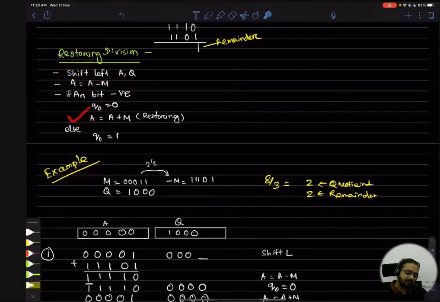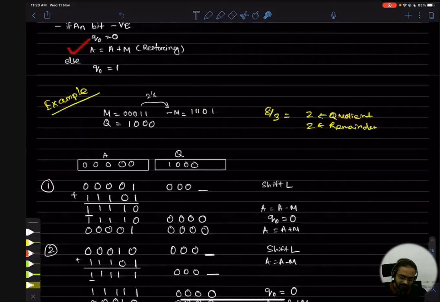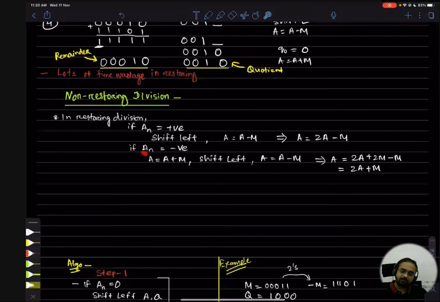These three steps are equivalent to 2a, then 2m minus m.